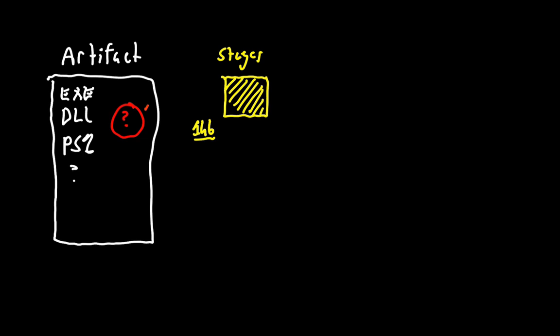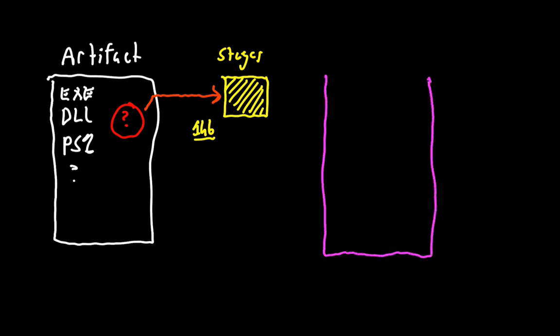So it's very possible that your artifact, just because of constraints, has to embed a stager. And what a stager does is, in turn, it reaches out to the internet and it downloads a payload stage. And this is the actual beacon DLL.